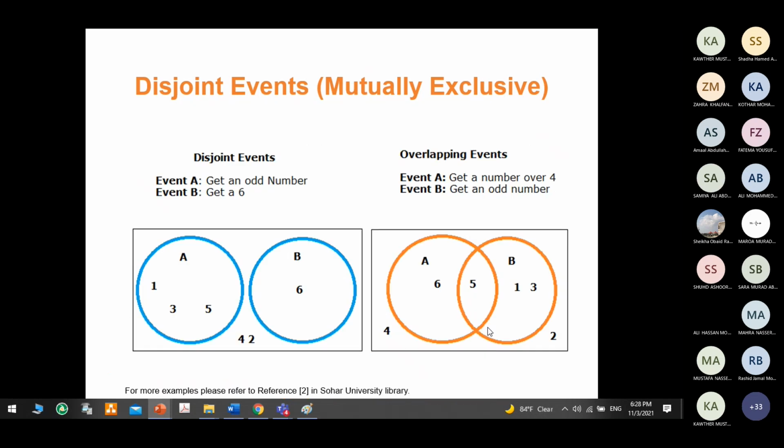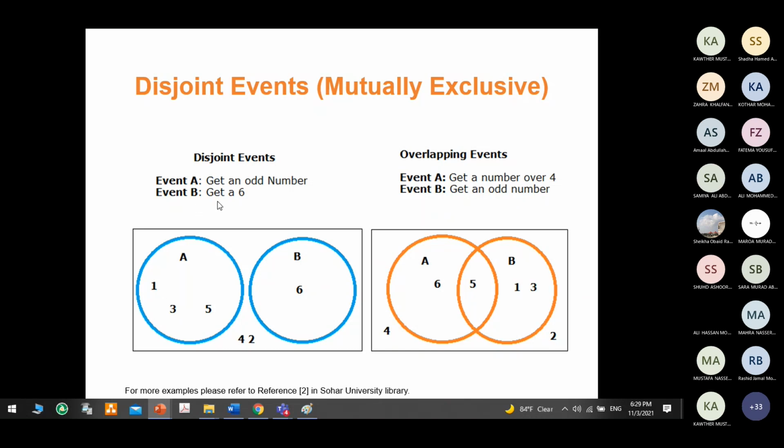I will give an example. If I look here to the left-hand side of the screen, you can see event A. Let me say, a die from 1 to 6. I define two events, A and B. A is getting an odd number. It means 1, 3, 5. This is A. You see here in the circle, 1, 3, 5.